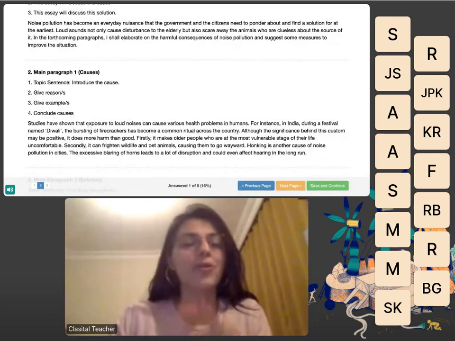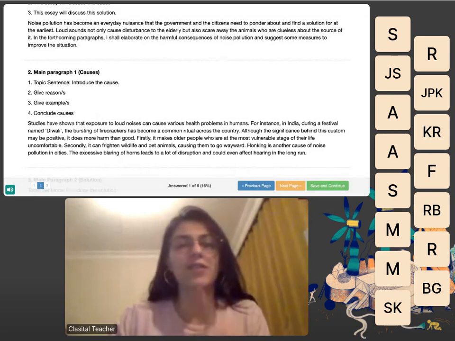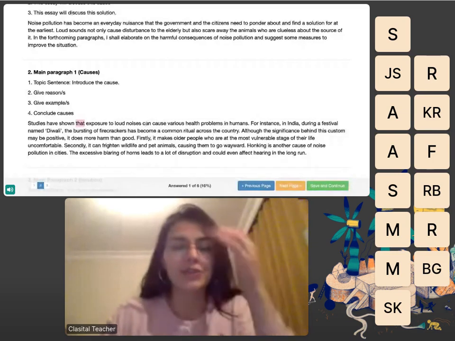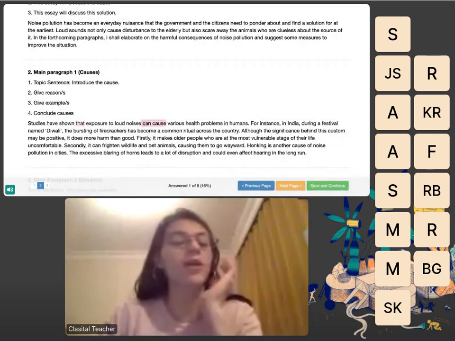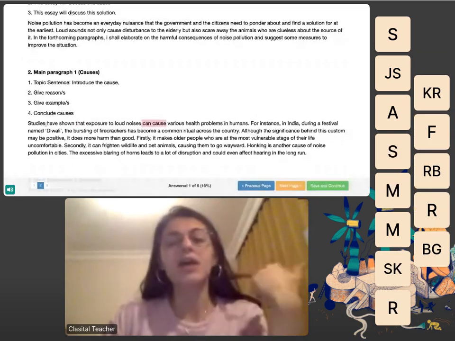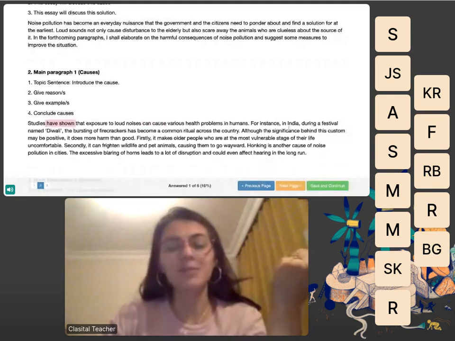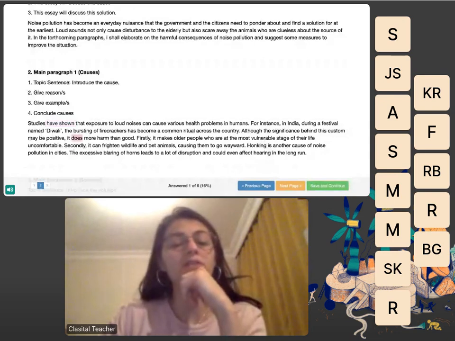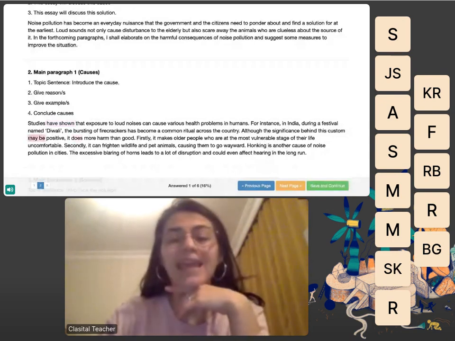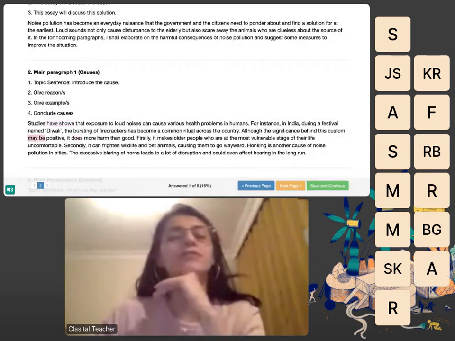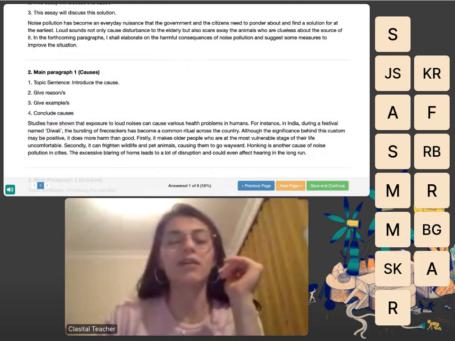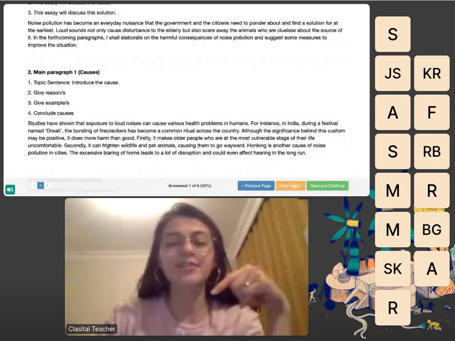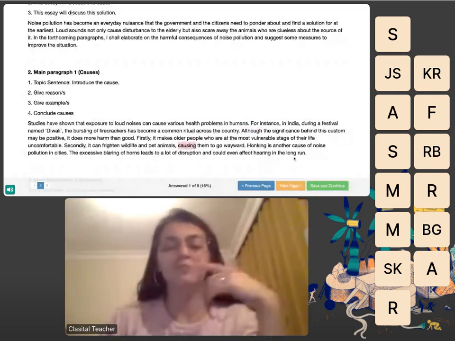So, for example, in this one, we used that as a noun clause. We used can cause, a modal verb. We've also used a present perfect tense. We've also used simple tenses like does, or we also used different modal verbs like maybe, and we've also used a lot of different linking words saying although, secondly, for instance, firstly, causing, and all that.